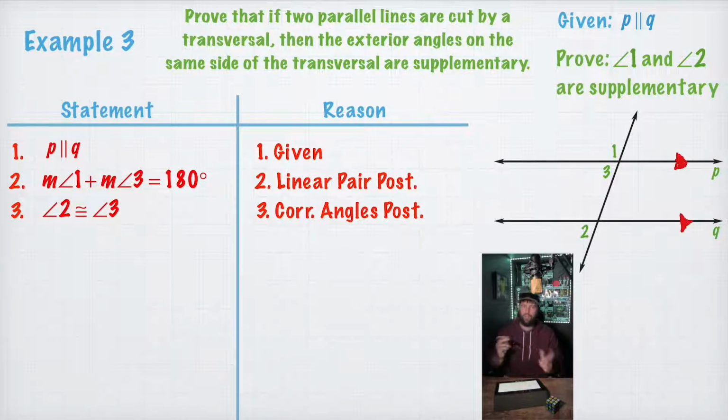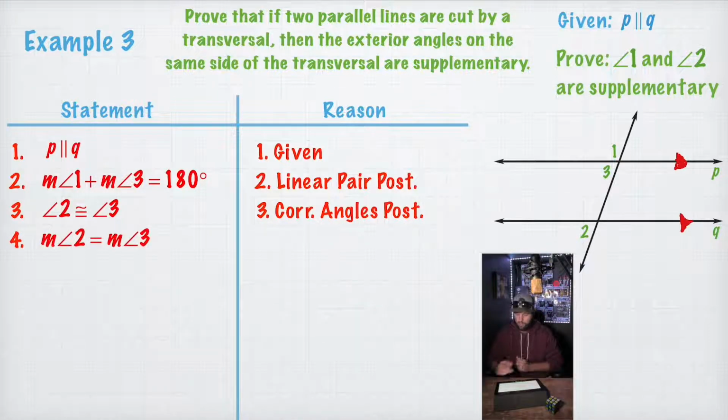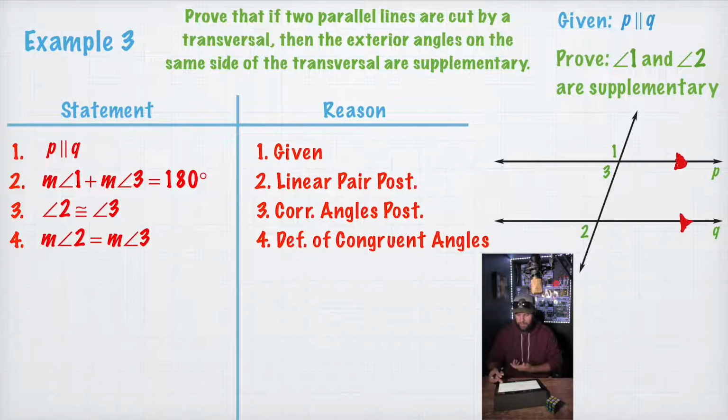If we know that angle 2 and angle 3 are congruent, we know that the measure of angle 2 and the measure of angle 3 are also equal. It may seem really redundant, but it's logical, and that's why we do it. The reason we know they're equal is the definition of congruent angles.